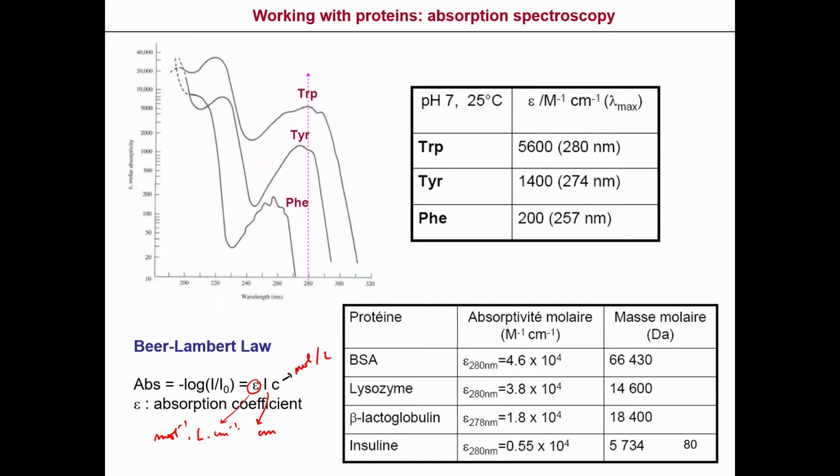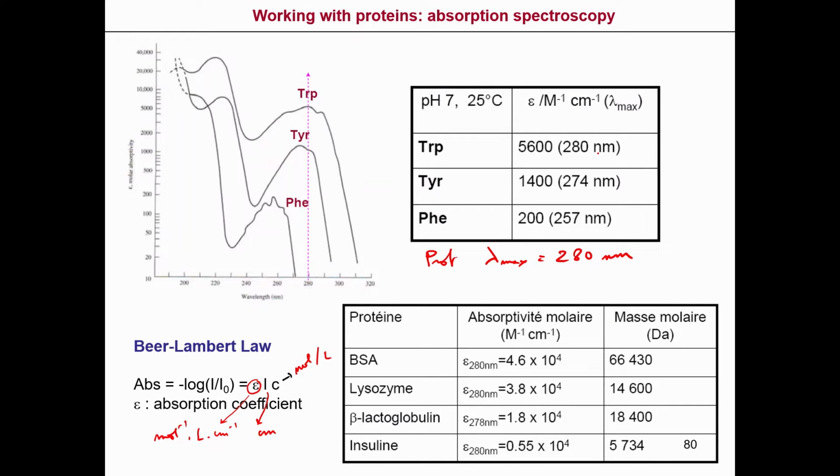Okay. So usually a protein has a maximum of absorption at 280 nanometer because of the absorption of tryptophan. It has a higher absorption coefficient. So you will always have a protein with an absorption at 280.